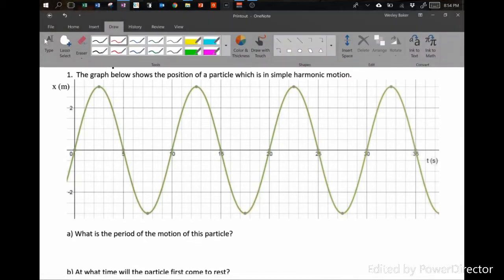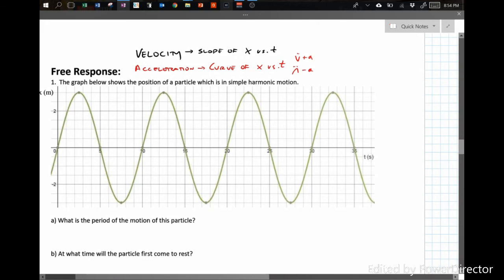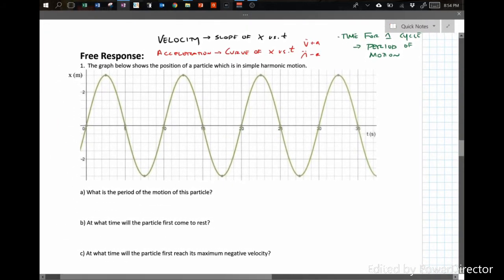And then because this is position versus time, I can get the time for one cycle, which is the period. So those are all the things that I can get just by looking at the graph.